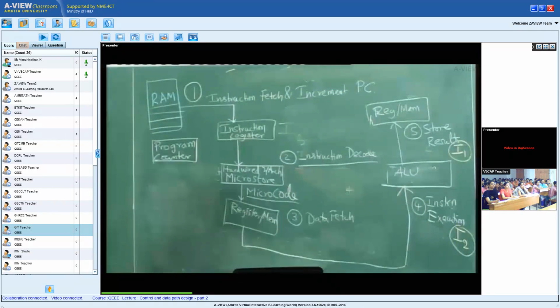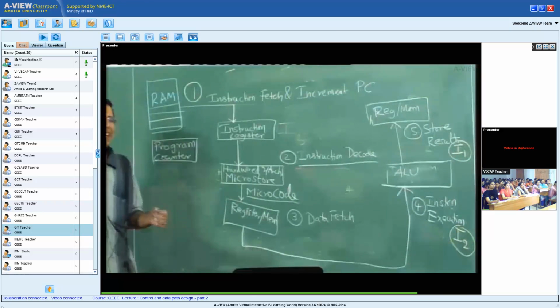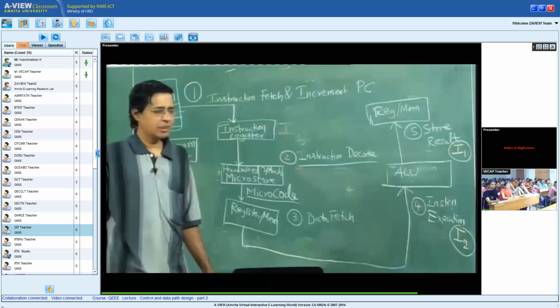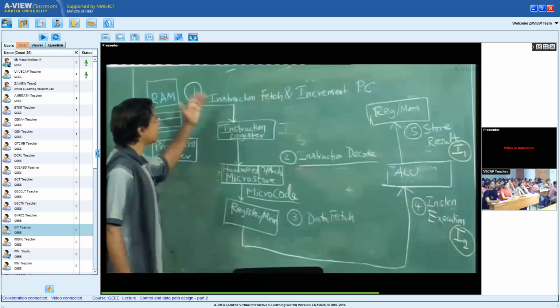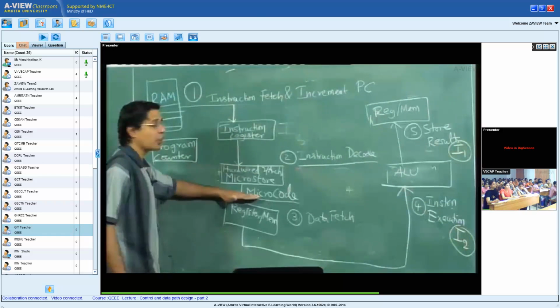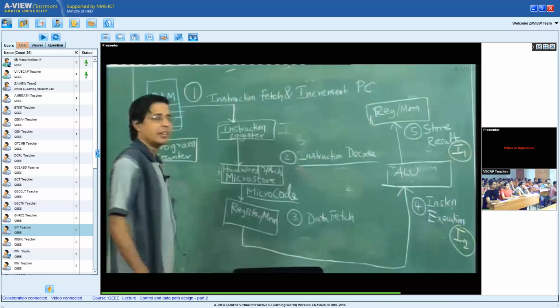Okay, the thing that needs to be added here is how are we going to realize this in hardware? As I told you, an instruction is fetched. When the instruction is decoded, the next instruction can be fetched, right.